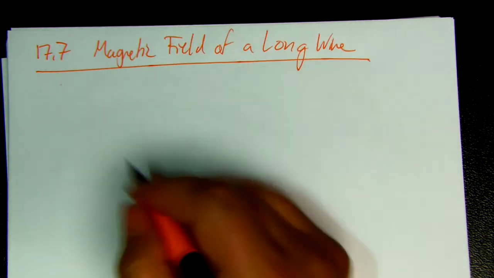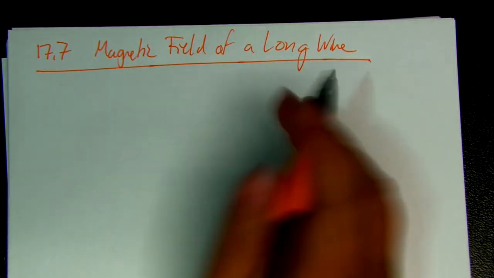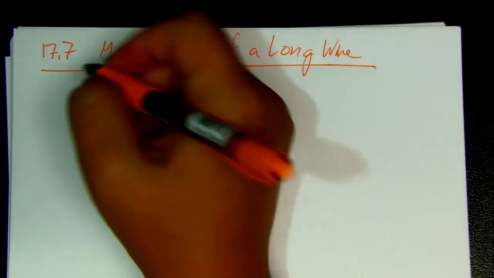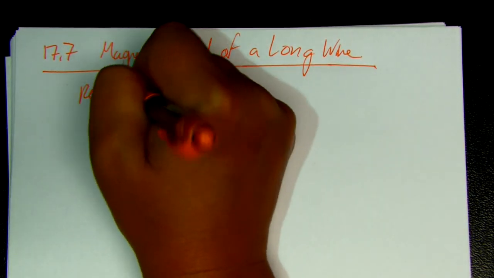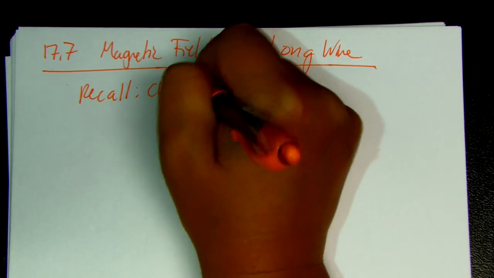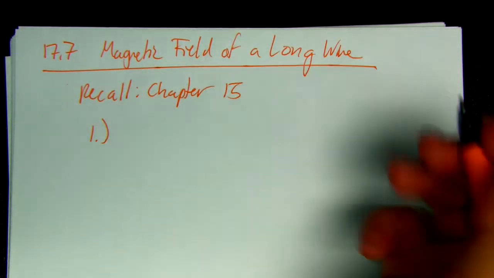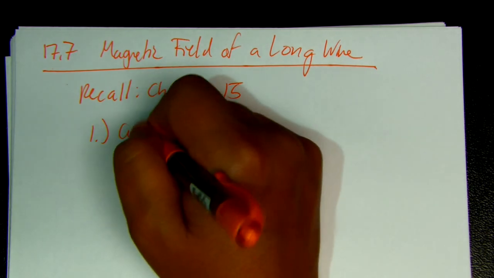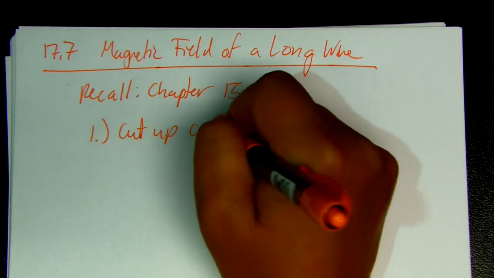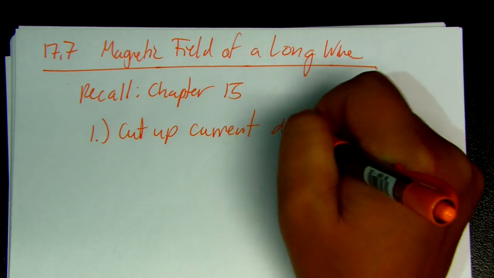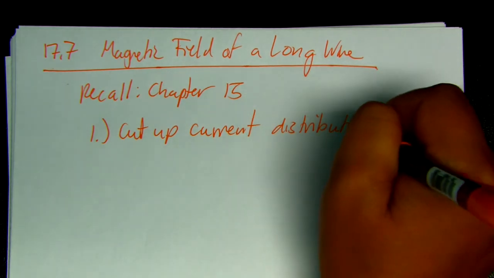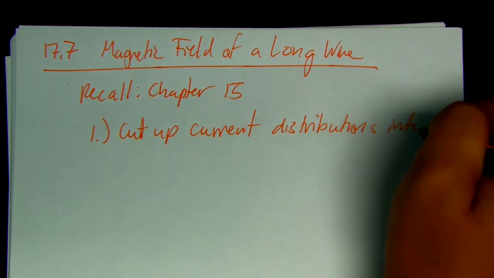So just like we did in chapter 15 for electric fields, we're going to take a divide and conquer approach to deriving different fields. And so the steps for that are: step 1, cut up current distributions into pieces.